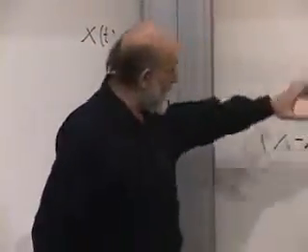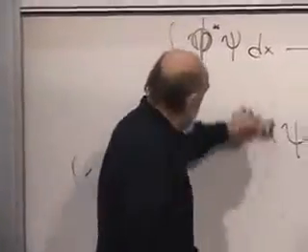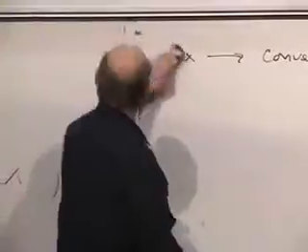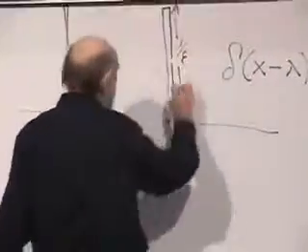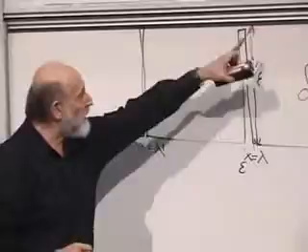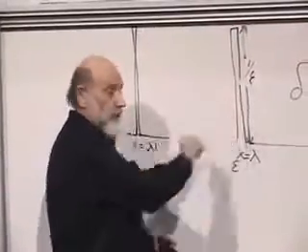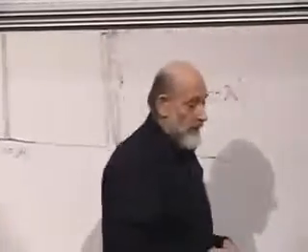Psi of x is called a wave function, but let's discuss the following. For simplicity, I'm going to take the height of this function to be 1 over the thickness of it, and that means the area under it is 1. The area under a delta function is 1. That's the definition of the delta function.